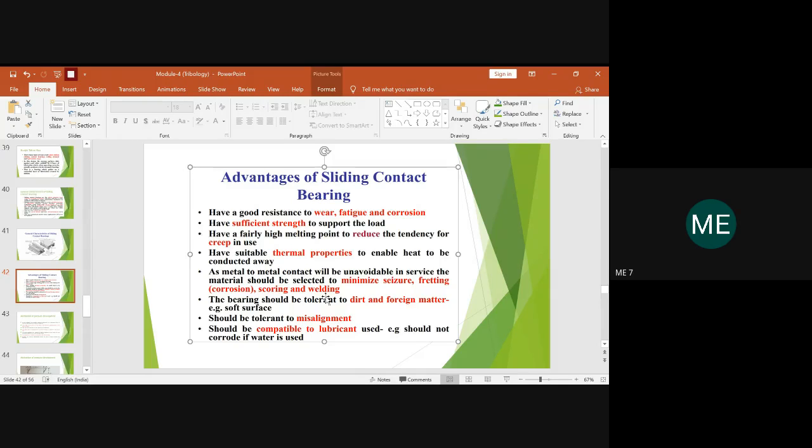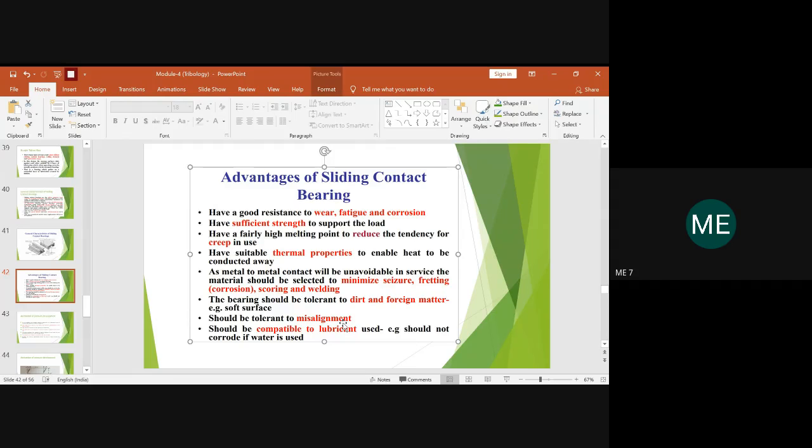so that it will not affect the bearing very badly. And the sliding contact bearings which are manufactured also have tolerance towards misalignment. So if any mild misalignment comes into the picture, it will not be a major drawback for the bearing. So this is one of the plus points. And this sliding contact bearing is made in such a way that it has very good compatibility with the lubricant, right?